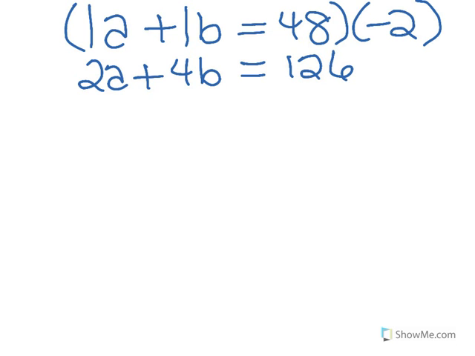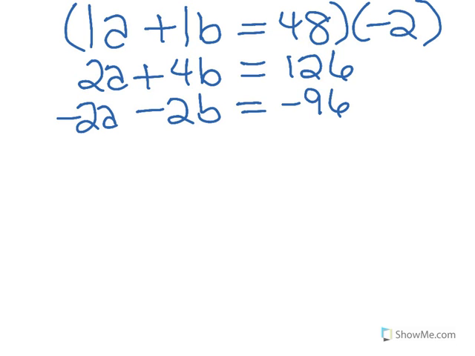So, negative 2 times 1A is negative 2A. That's good. That's what I wanted. I'll show you why in a minute. Then I have to take negative 2 times 1B, get negative 2B, and that's fine. Then on the right side, I take negative 2 times 48, and I get negative 96.